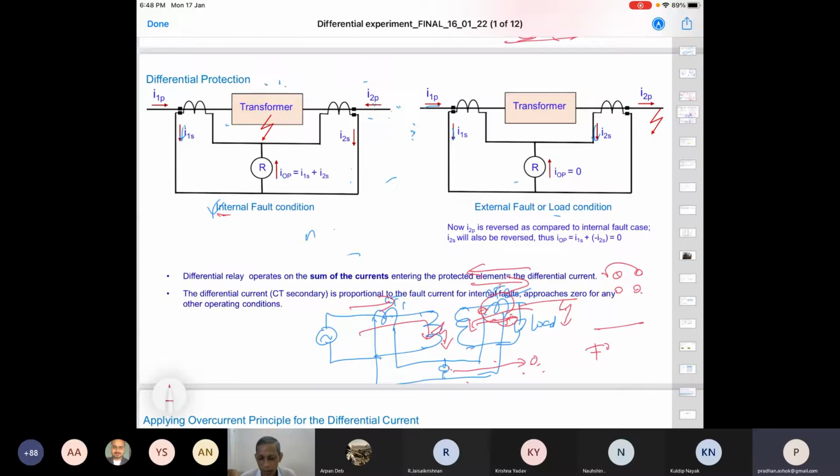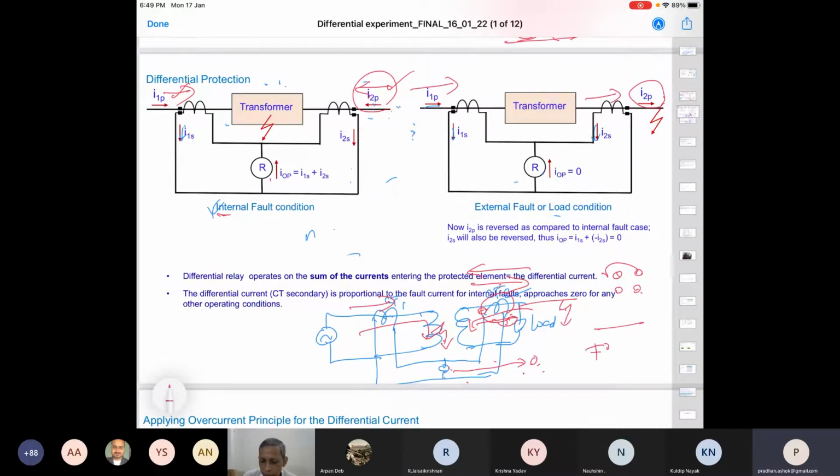Then I am talking about this. Once I do this, in this case the current is flowing from right to left. Here, in the same arrangement, this current is flowing left to right, same as this. But here this is changed; this again is flowing from left to right, like here, right to left. That's the difference.